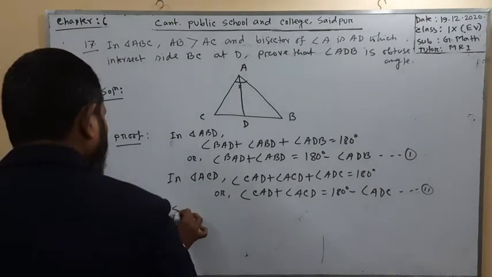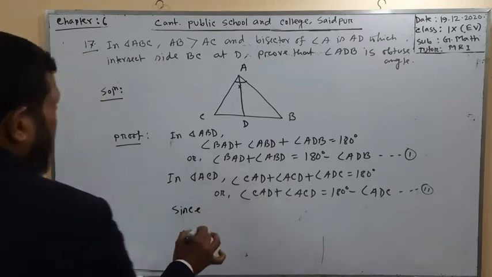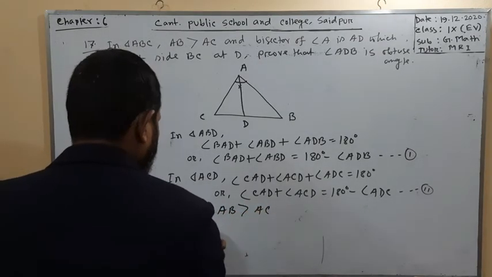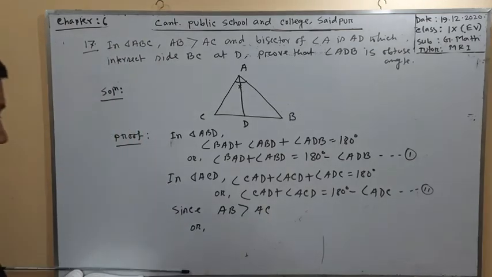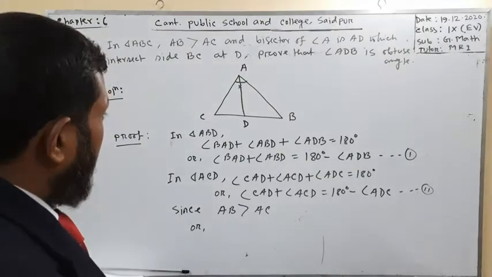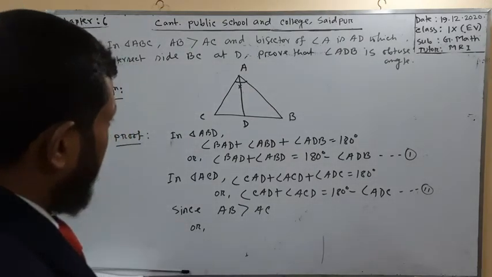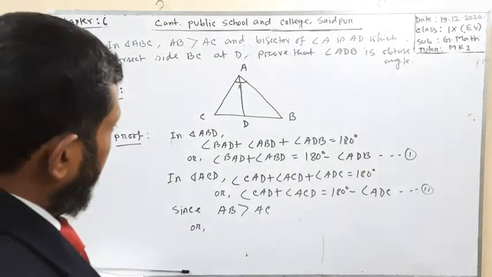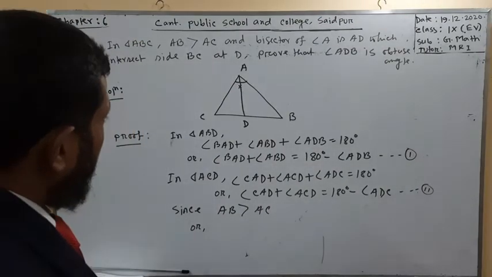Since given AB is greater than AC, the opposite angle of the greater side AB is greater than the angle opposite the lesser side.